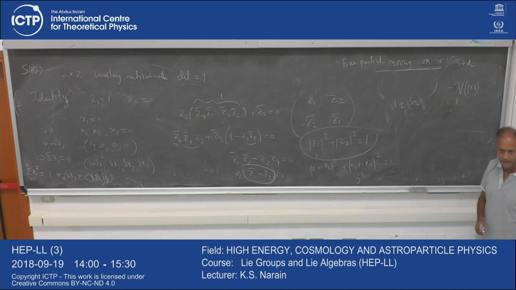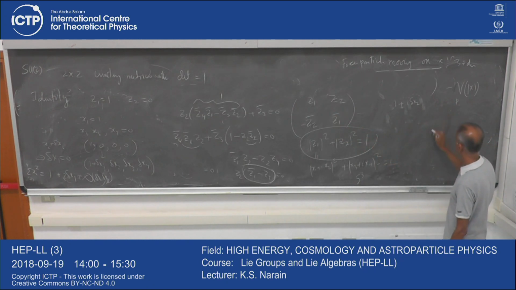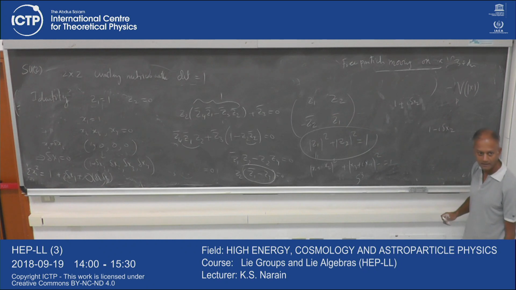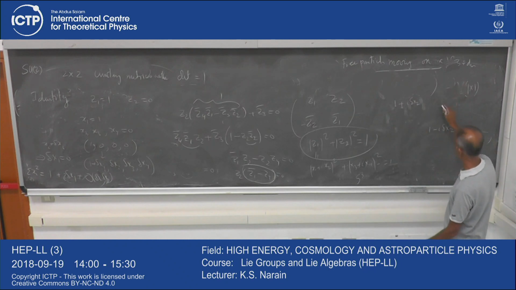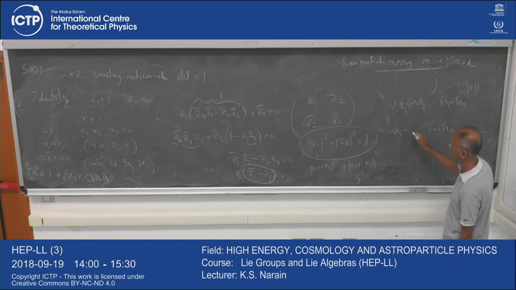Here I have z1 bar, so it will be 1 minus I delta x2. And z2 is delta x3 plus I delta x4. And this is minus z2 bar, so minus delta x3 plus I delta x4.